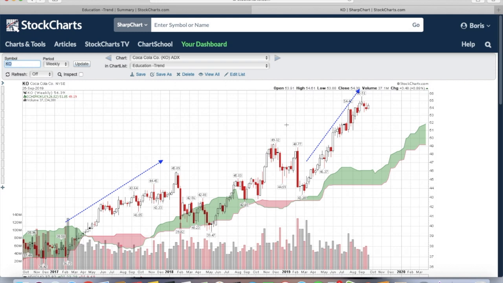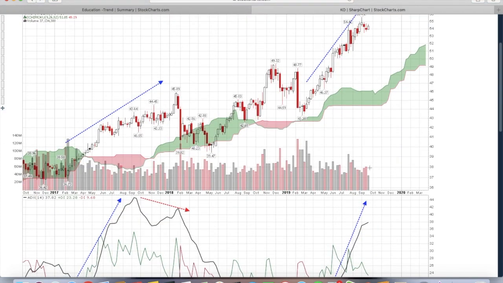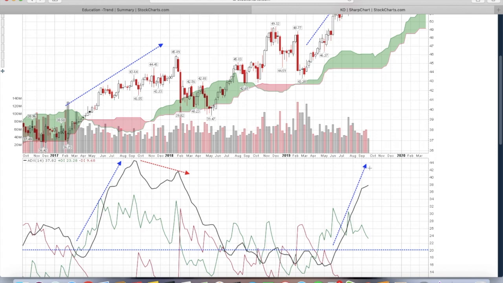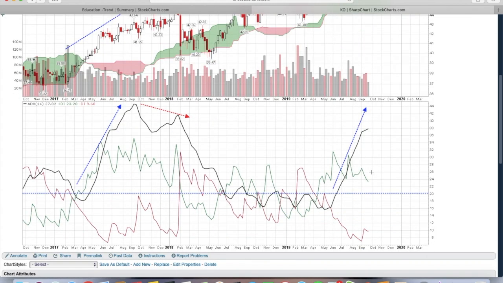So I use ADX, this indicator, as a tool to study the strength of a trend. As you can see, Coca-Cola during this major uptrend has two very strong uptrends, from this level to this level, and also from this level to this level. How can I spot these two strong uptrends? ADX can help define when the trend starts to pick up steam.